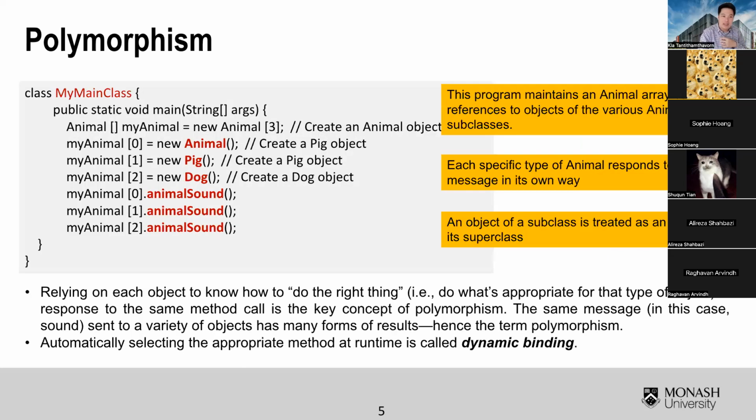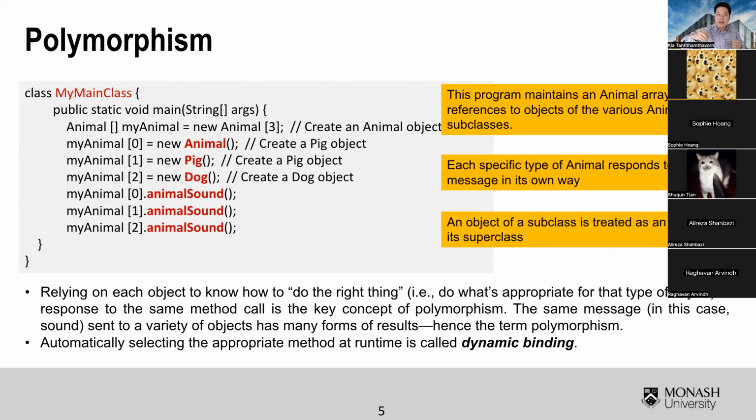Like in this example, the animal is the base class here, and it has the basic properties, for example, animal sound. But there are different types of animal, for example, pig and dog, and each of the animals can have a different sound as well.